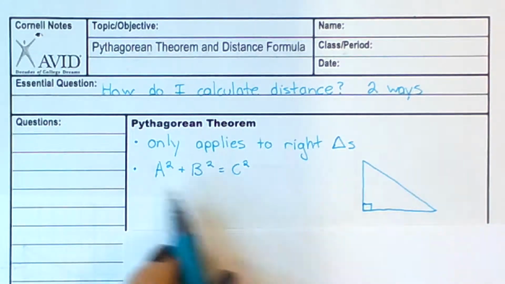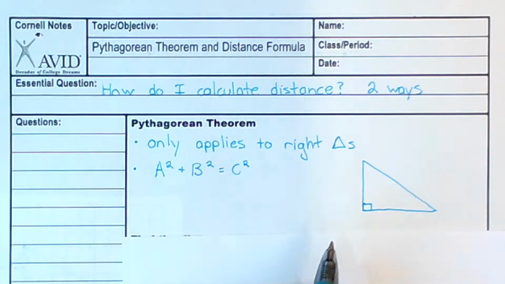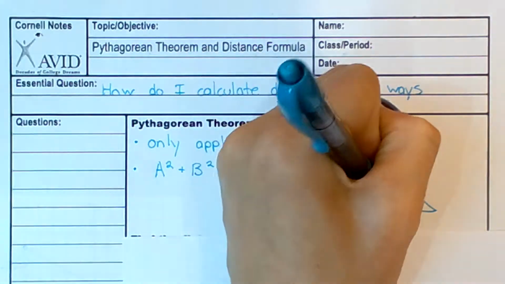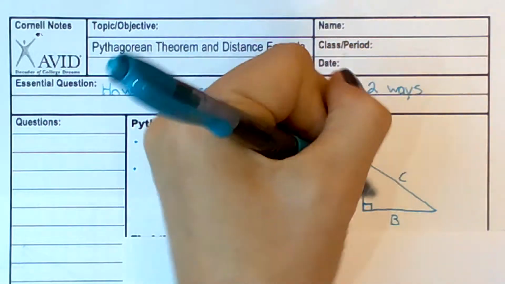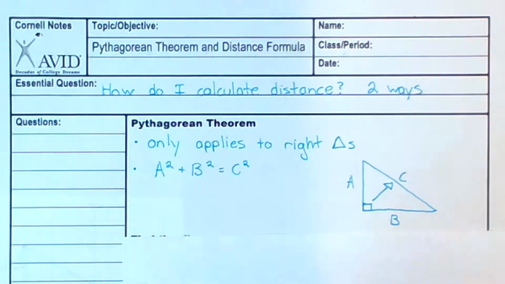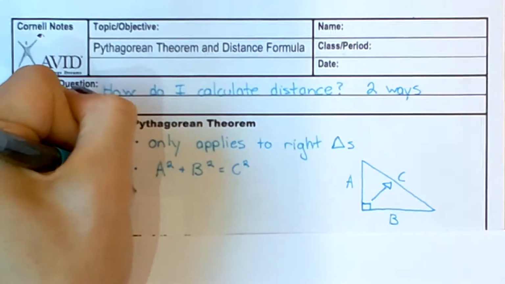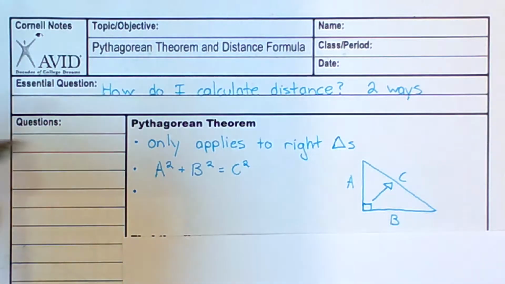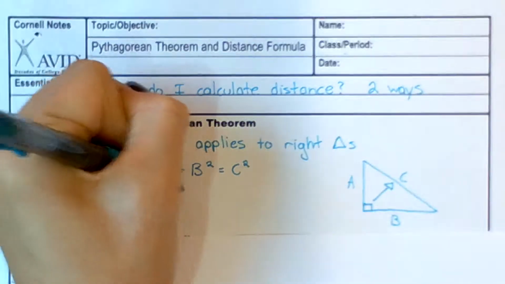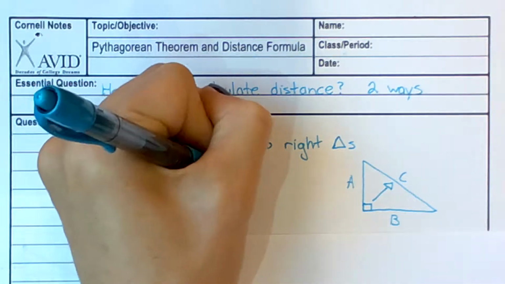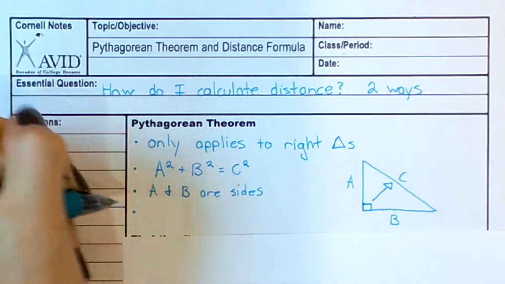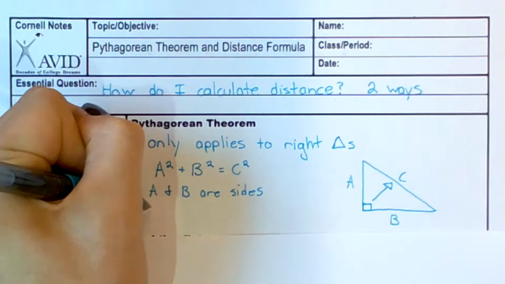Where on the triangle, the a and the b are actually going to be the sides of the triangle. And then the c is what we call the hypotenuse. The c is always opposite the 90 degrees. So a and b are the sides, and then the c is called the hypotenuse.